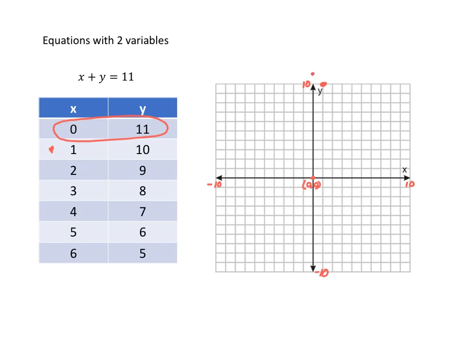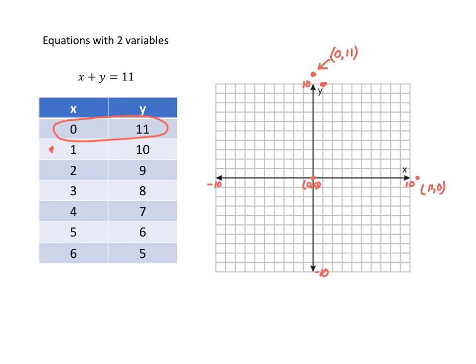That would be about right here. That's an important point. (0, 11) is different from (11, 0). Remember, (11, 0) would be across 11, up 0. So this one is (11, 0).